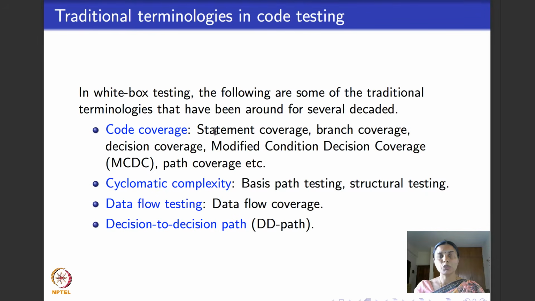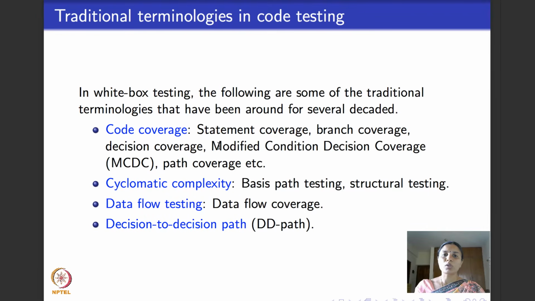You could do statement coverage, which says you write test cases that will execute every statement in the code. You could do branch coverage, which says you write test cases that will exercise each branch in the code. You could do decision coverage, which says you write test cases which will exercise each decision. The various decisions could be those that reside in if statements, as conditions, in loops, and so on.